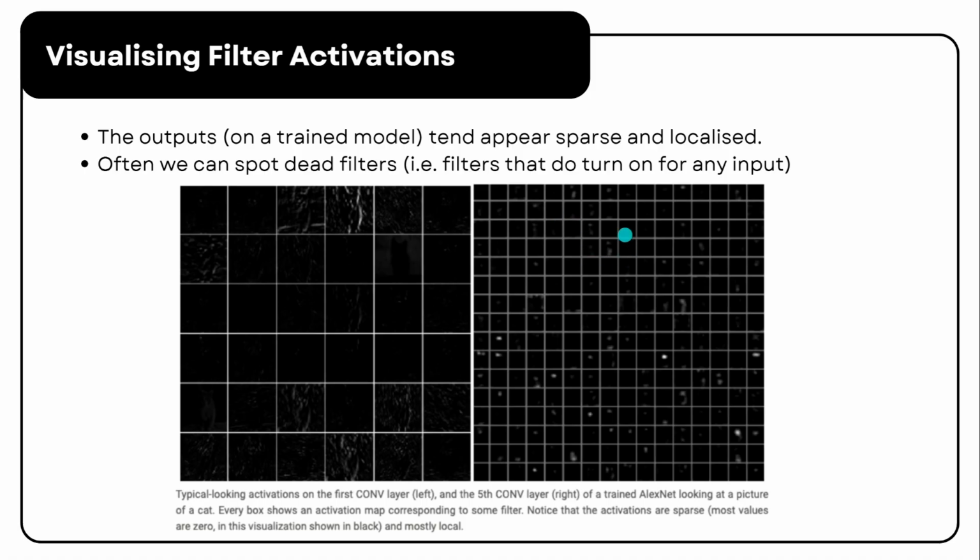Those are what we call dead filters. These are filters that do not activate for any input. It might happen due to poor initialization or because they didn't learn useful patterns during training.